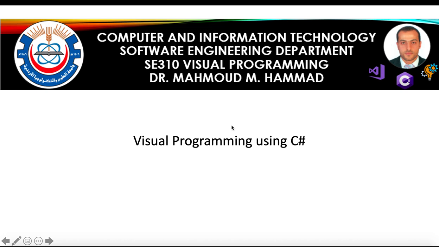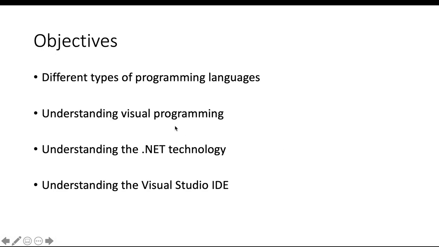So those are the various visual programming or graphical user interface widgets. Okay. So in this course, we will use C# as a programming language to build our visual programming software system.